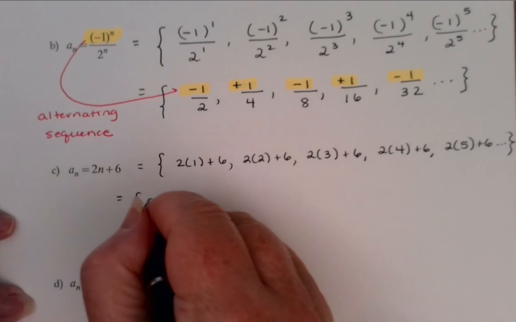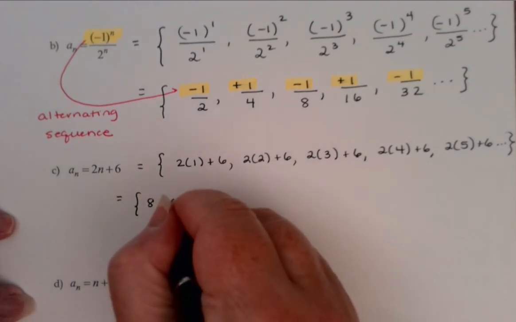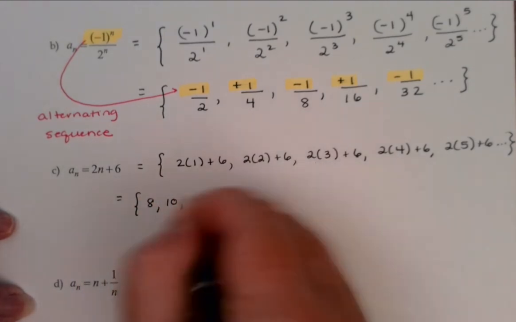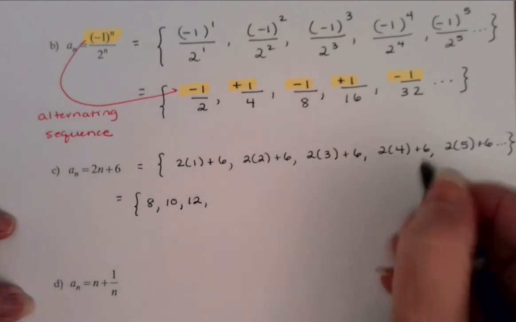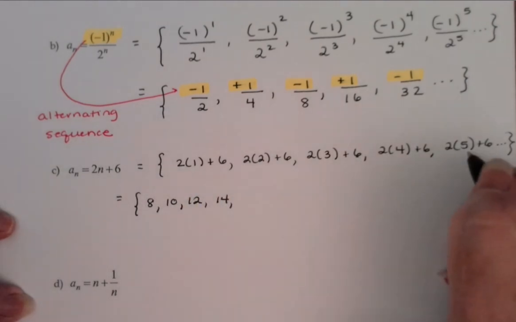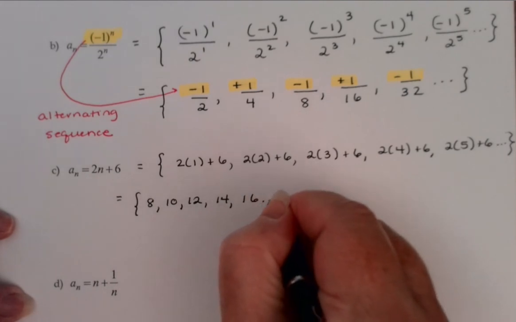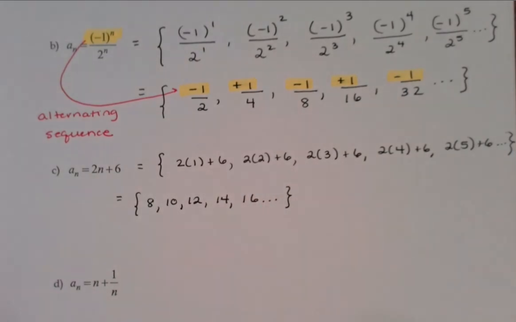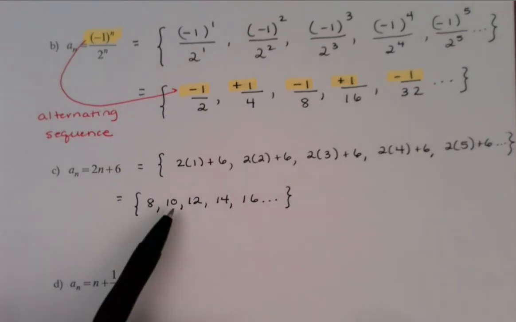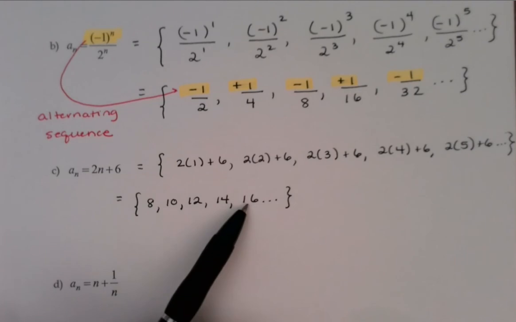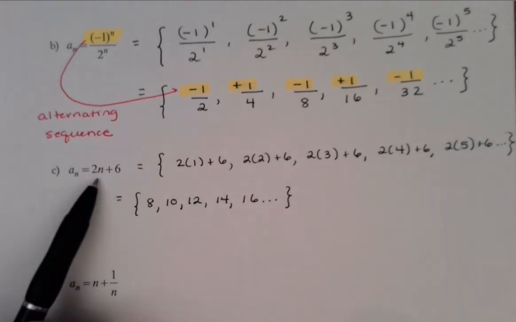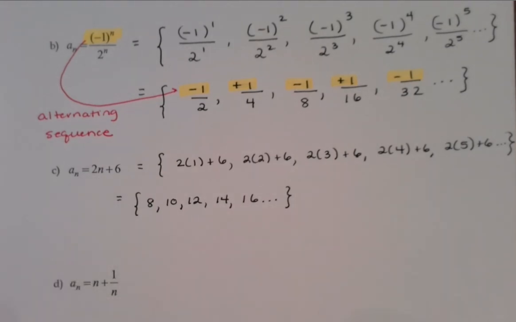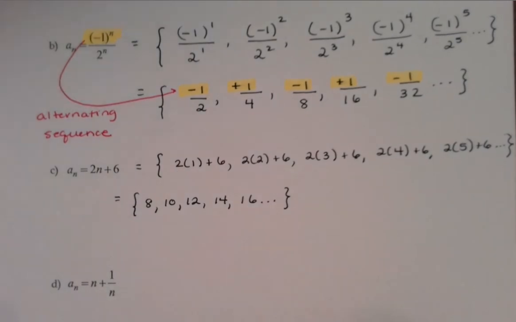And I'm going to get 8, 10, 6 and 6 is 12, 8 and 6 is 14, and 10 and 6 is 16. And you'll notice that, once again, all of these are increasing by the same amount, specifically 2, and I've got that linear function, kind of like the one we looked at on the previous page, so that's something to keep in mind. All right, one more example here.